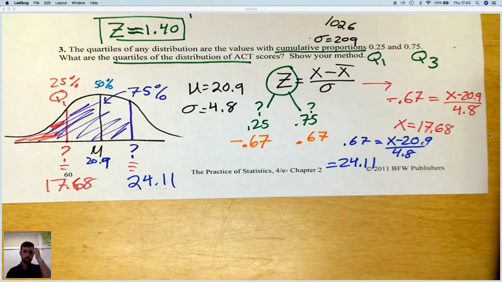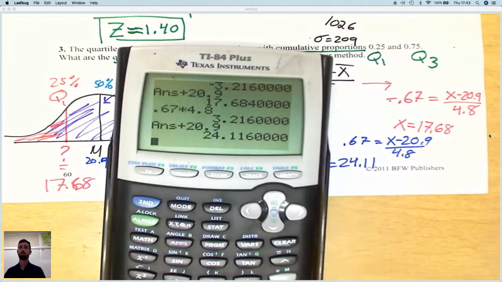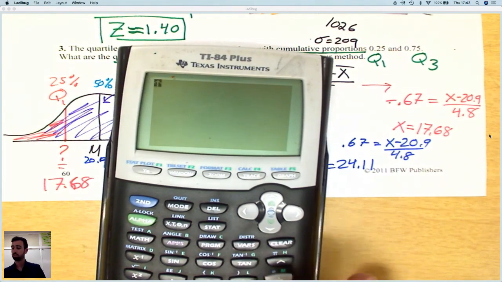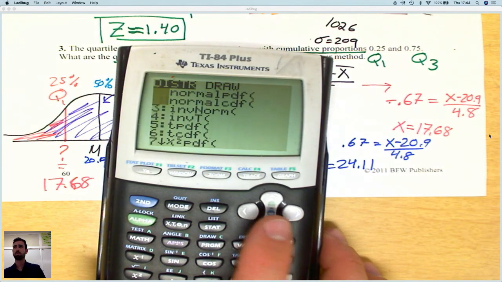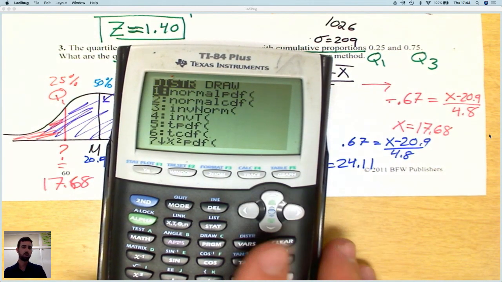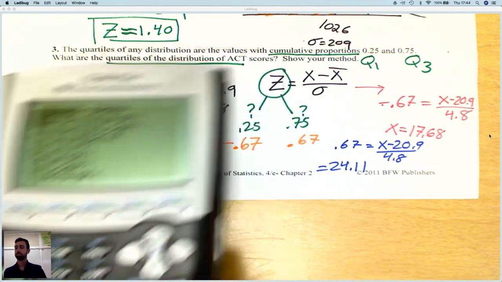We're going to spend lots more time on z-score. I actually might do a whole session on z-score because there are so many different ways that you can ask this question, and using your calculator is going to be extremely beneficial. Just to give you a quick preview, second VARS, normal PDF, these top three are all going to help you out with z-score.